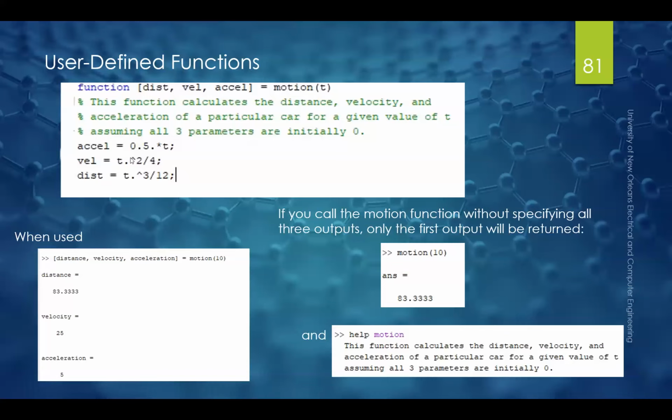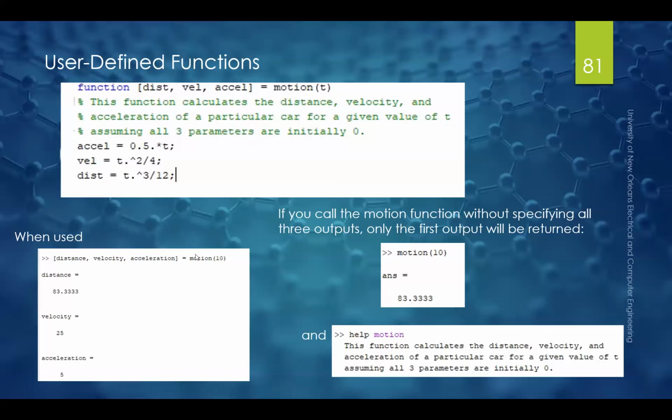But anyhow, you get the idea behind this function. You pass motion the time, and based on these equations, it generates the acceleration, the velocity, and the distance. So when we use that function, the outputs are put into the distance, velocity, and acceleration variables.